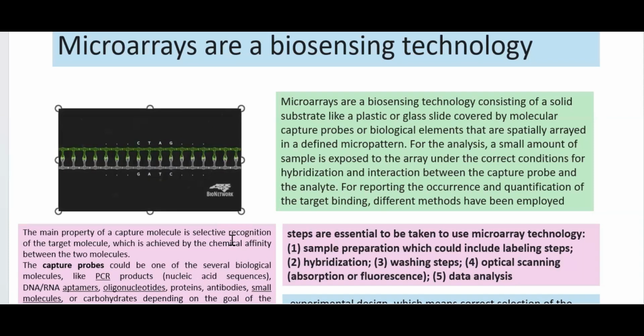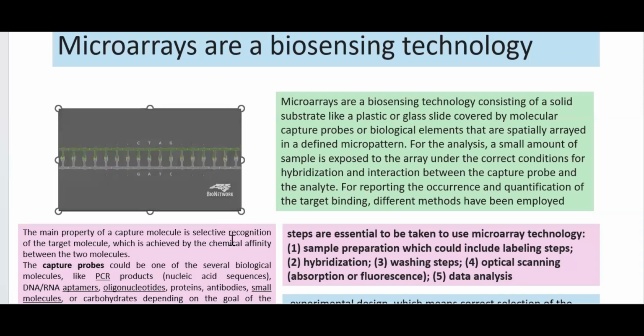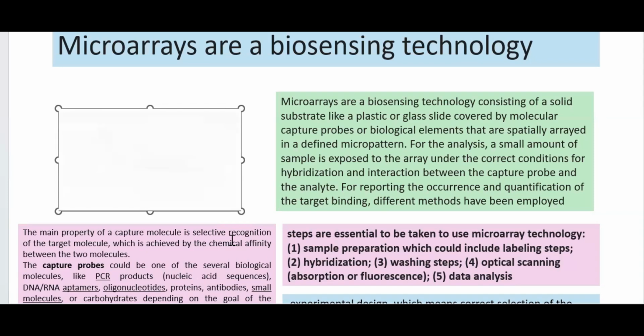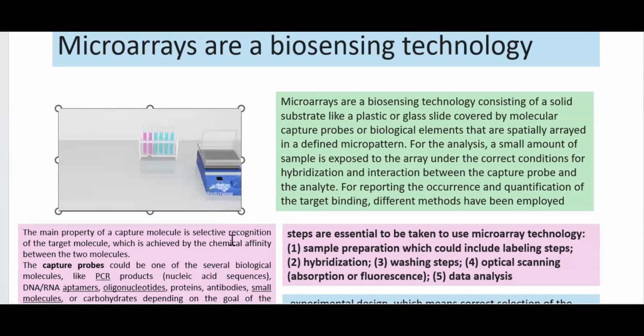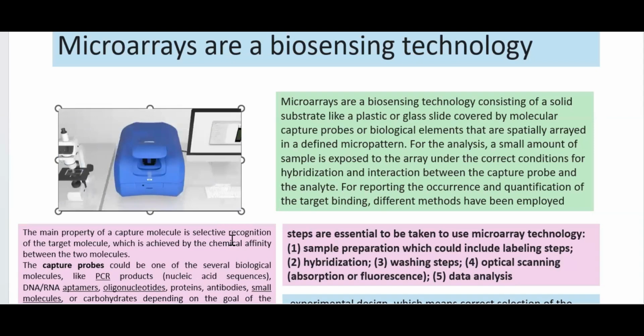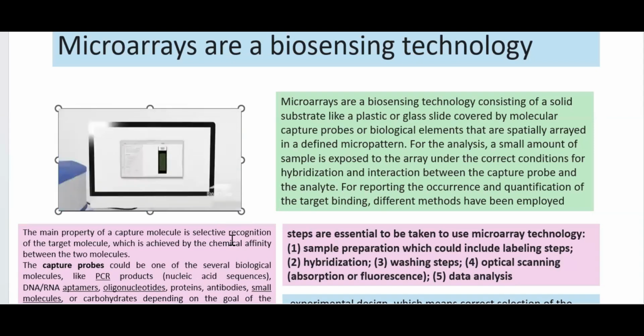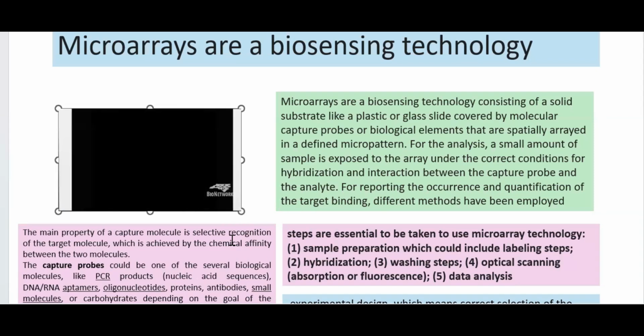So sample one, sample two, like that. Now this is the analyzer or scanner, and that will tell you about bound cDNA. To visualize it, scan it, these kinds of machines are there, right? It is going to scan it, and this is how you are going to see it on the screen.